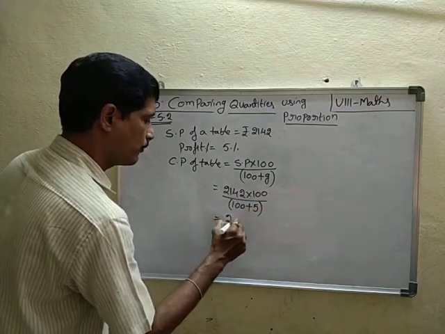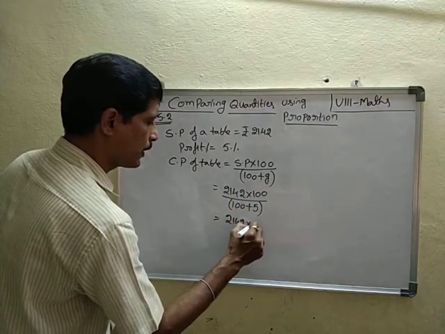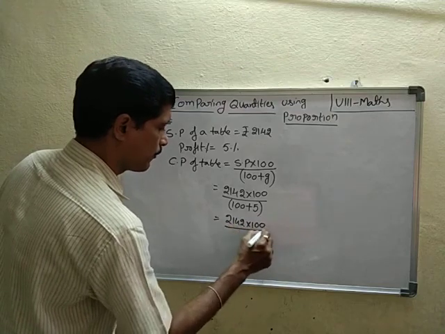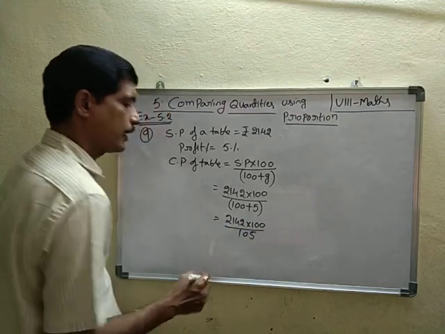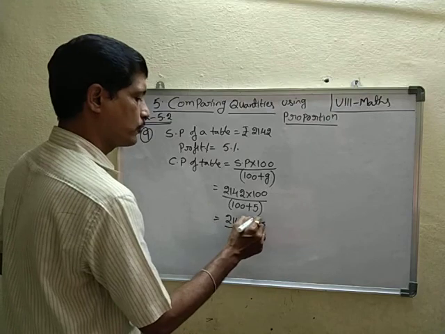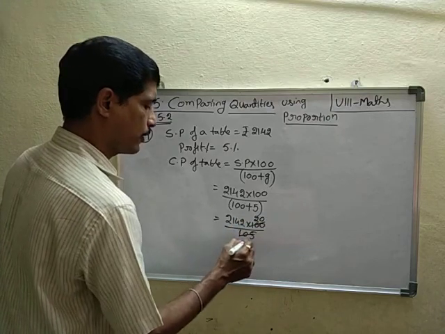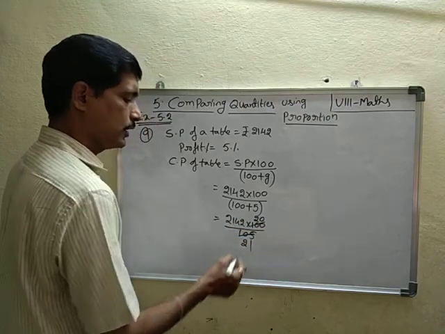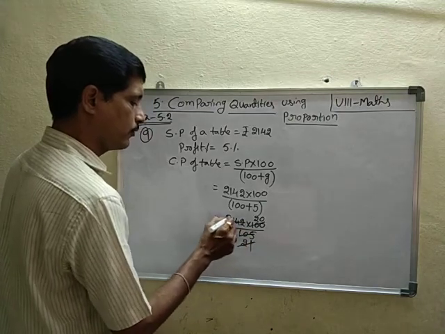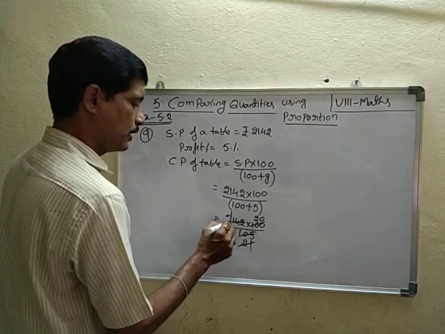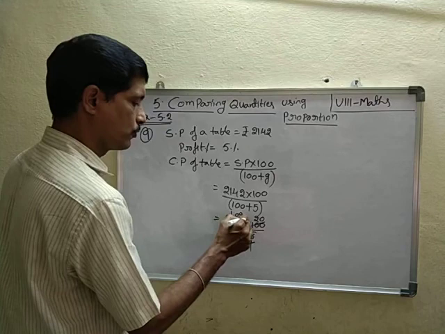Therefore, 2142 into 100 by 105. Here cancellation: 5 twos, 5 zeros, 5 21s. Next, 21 ones, then 0 twos.